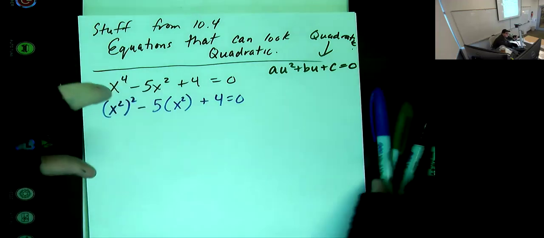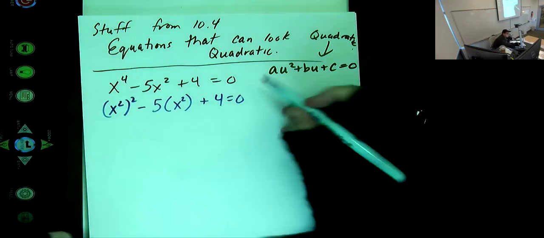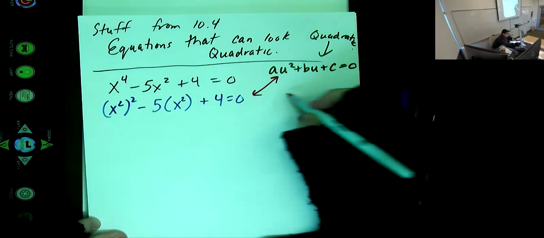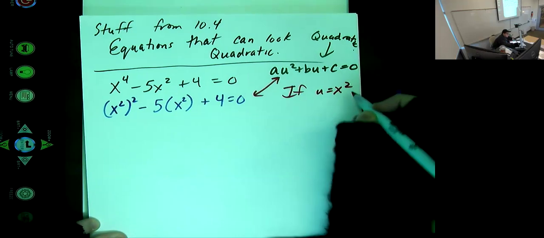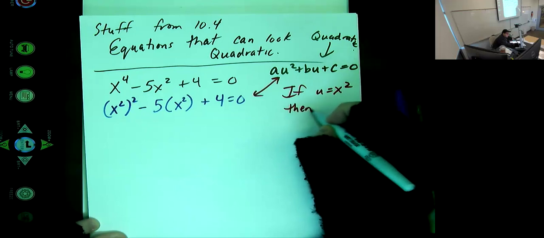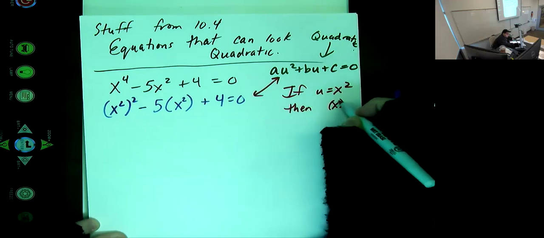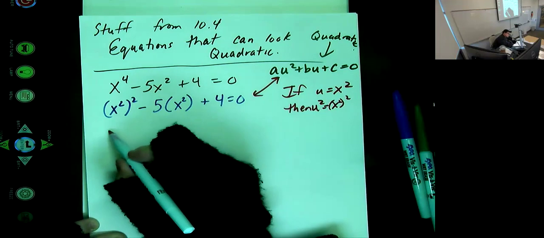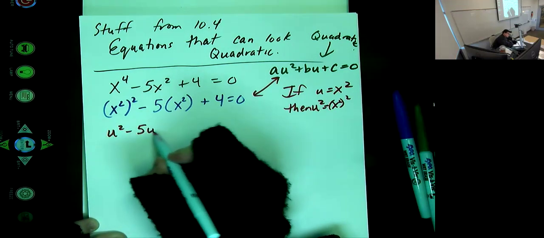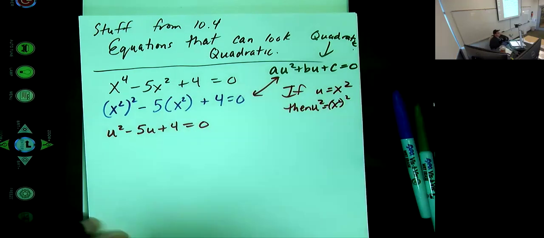How can I make the connection there? The u is x squared. Yeah, if u equals x squared, then x squared squared is u squared. And this becomes u squared minus 5u plus 4 equals 0.